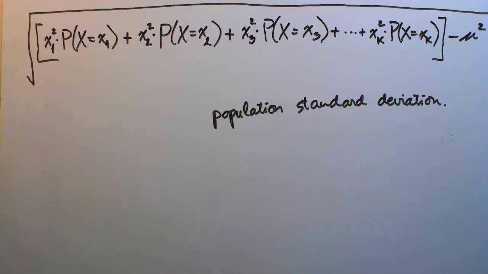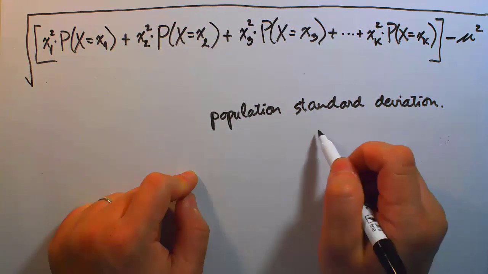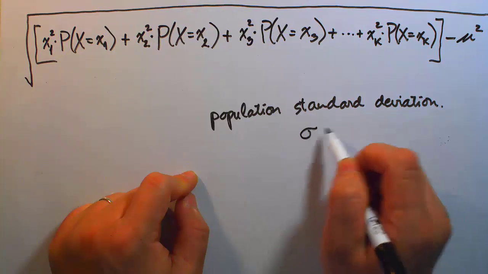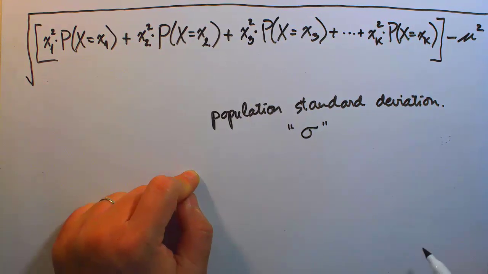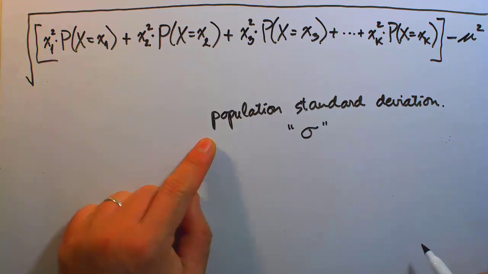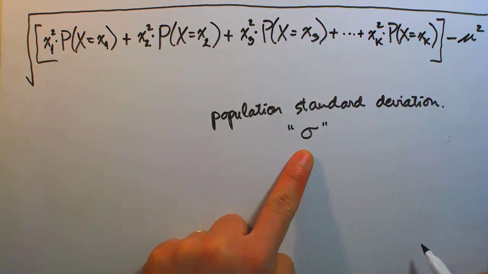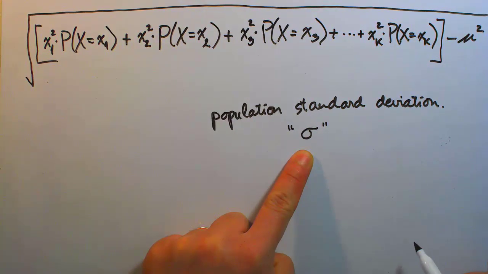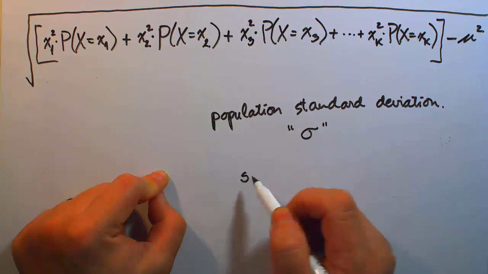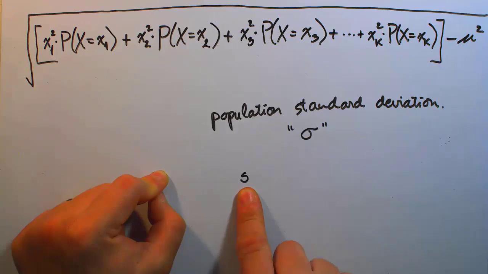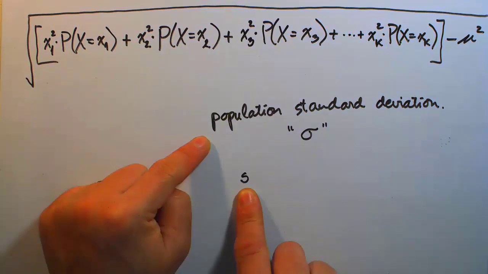Population standard deviation uses the symbol sigma to indicate a population standard deviation. So anytime we are calculating population standard deviation, let's use a sigma. We used to use lowercase s, but lowercase s is not the right symbol now for population standard deviation.